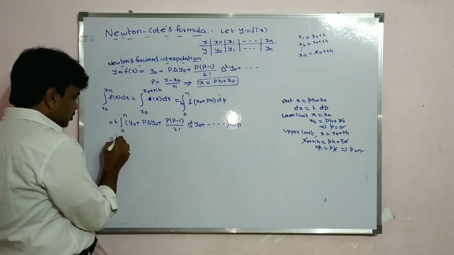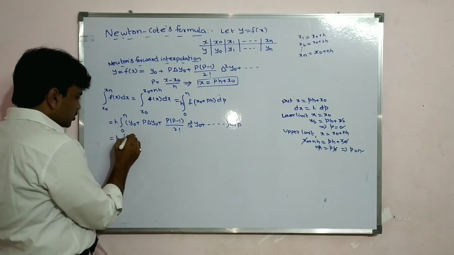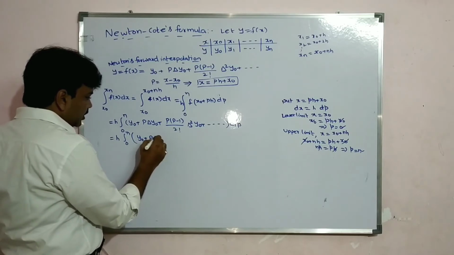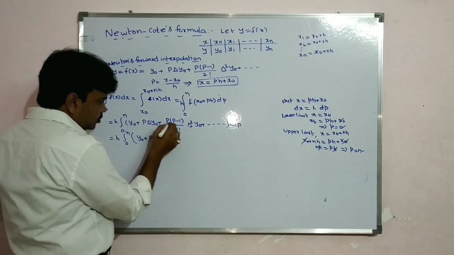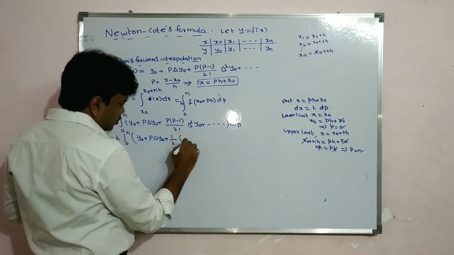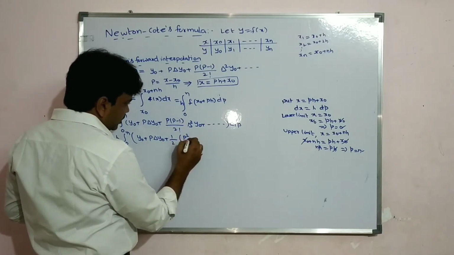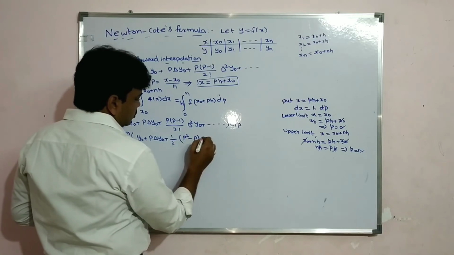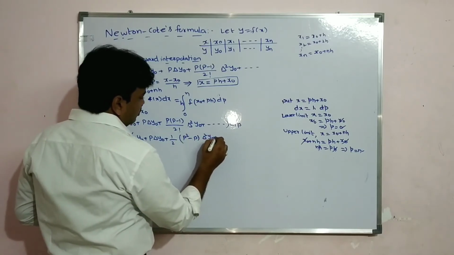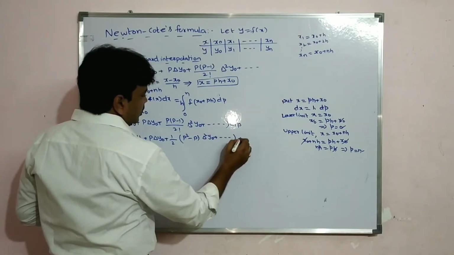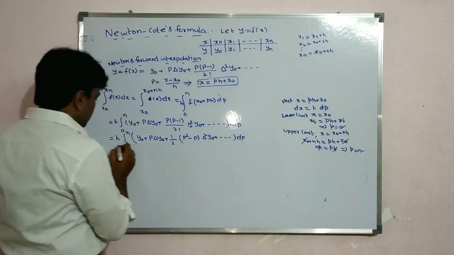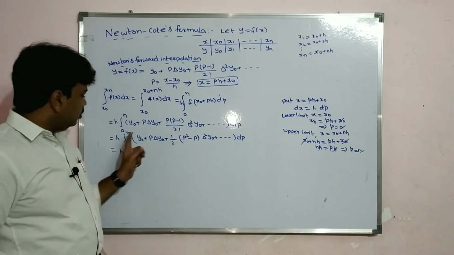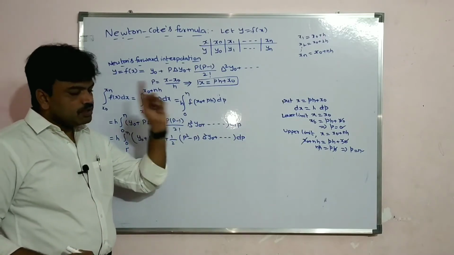So that is equal to h into integral 0 to n of y naught plus p into del y naught plus, multiplying here, 1 by 2 factorial means 2, p into p square minus 1 into p is p, del square y naught plus and so on, into dp. That is equal to h into bracket. Now you integrate with respect to p, students.